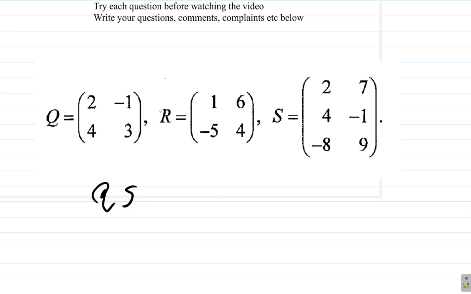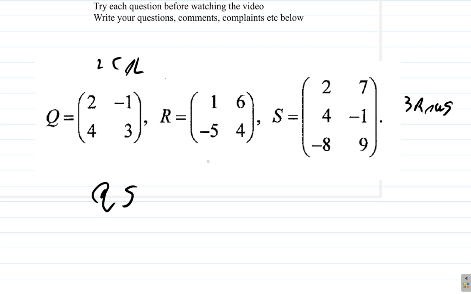Now, S is a 3 by 3 matrix. Now, S has 3 rows. Q has 2 columns. When you multiply matrices, you multiply row by column.